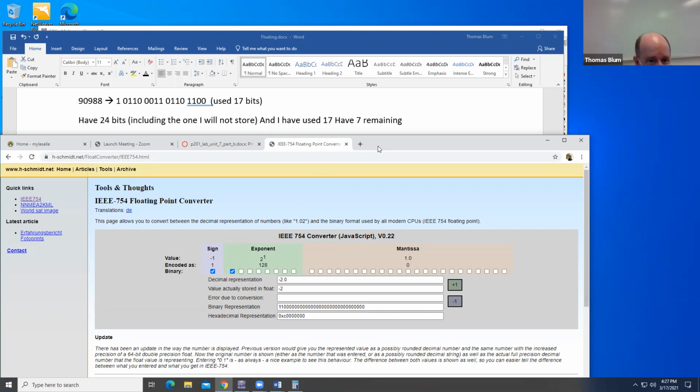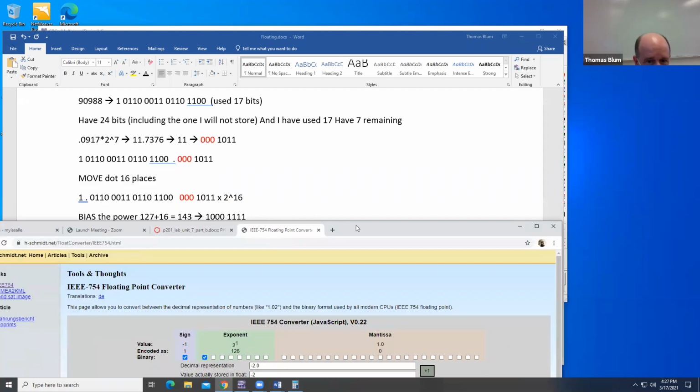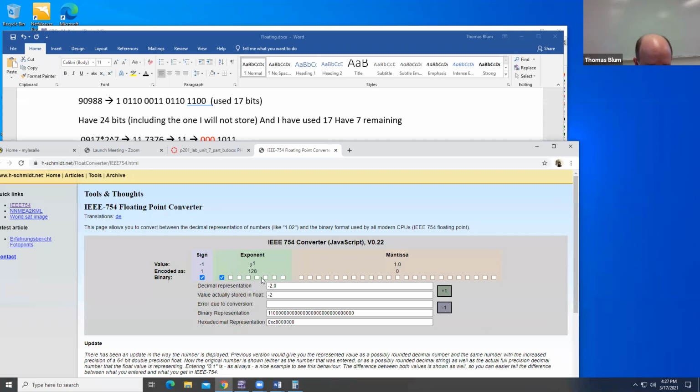There were 3 0s and then 4 1s. There we go. Okay, and you see the number starting to get in the right ballpark. It was a negative number. I'm up to 65,000. So I'm not quite to 90,000, but I'm getting there.